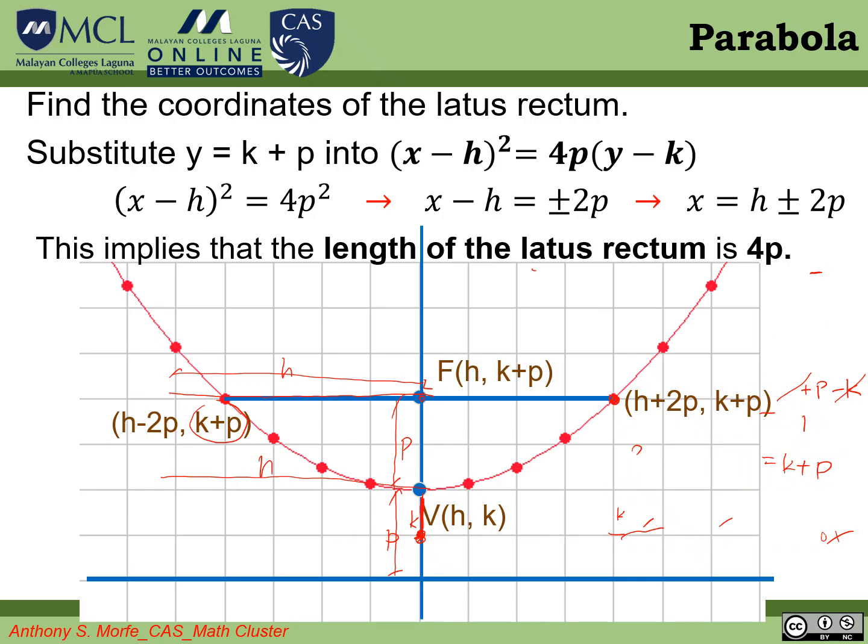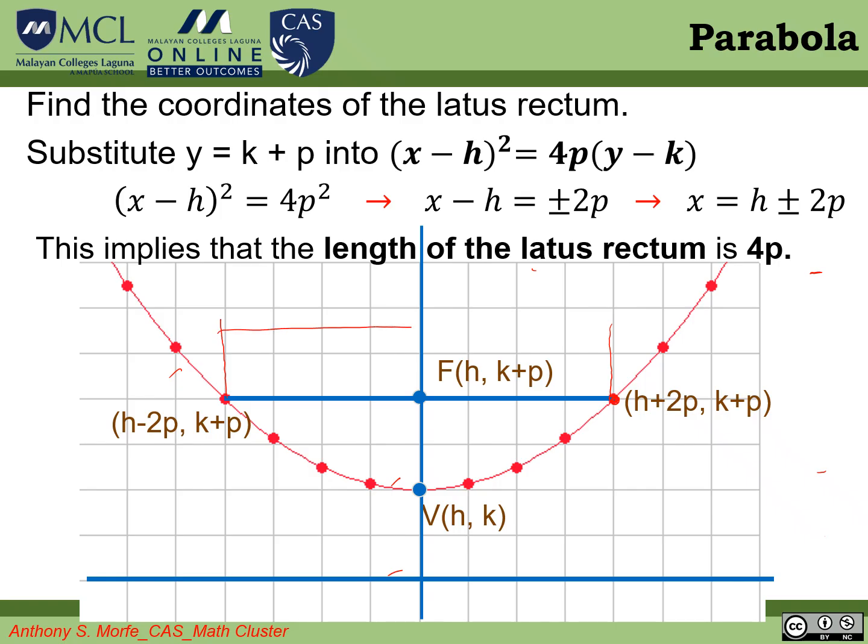The solution that I have shown you implies that the length of the latus rectum, meaning this one, class, is the latus rectum. The length of the latus rectum, you can call this LR, is just equal to 4p.